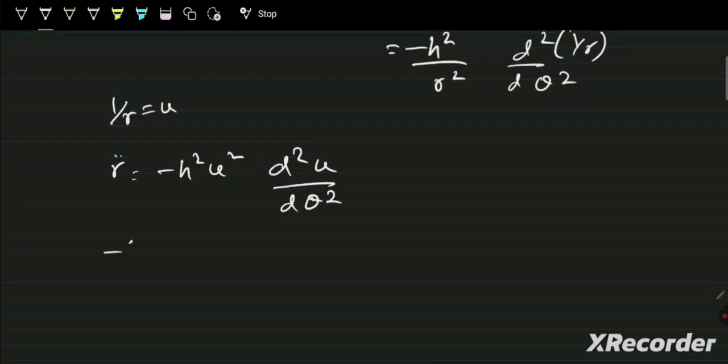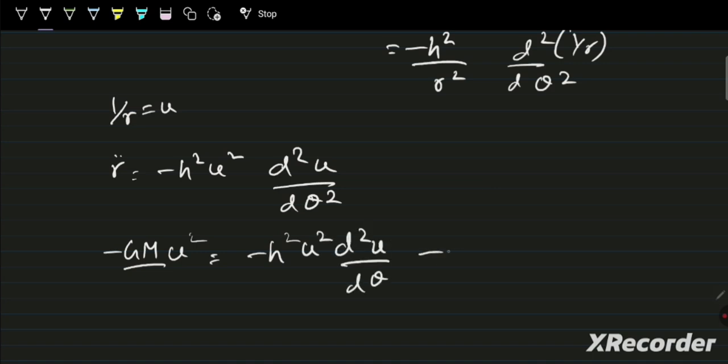So minus Gm by r square, with 1 by r square written as u square, is equal to minus h square u square d2u by d theta 2 minus r theta dot square. Theta dot we derived as h by r square, so I can write it as h square by r to the power 4.